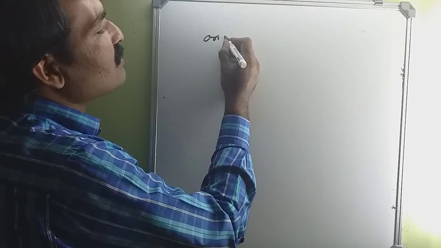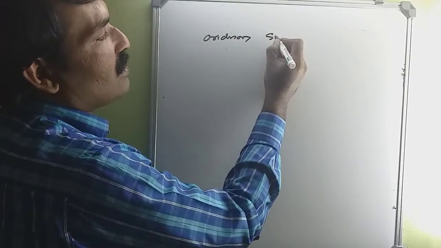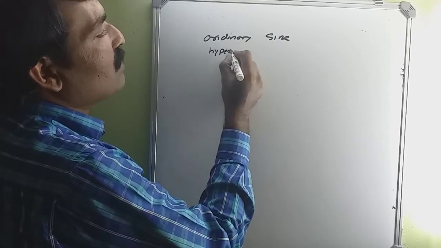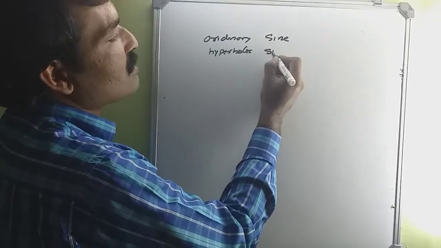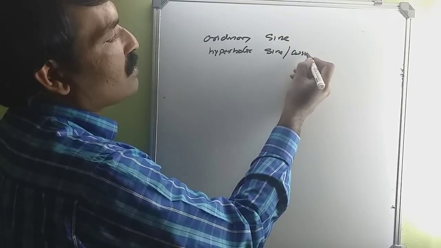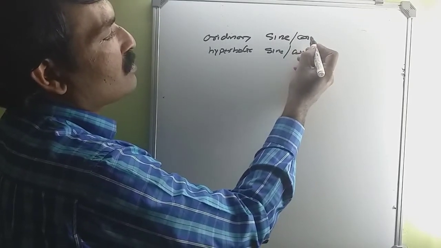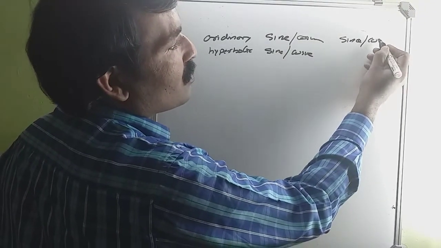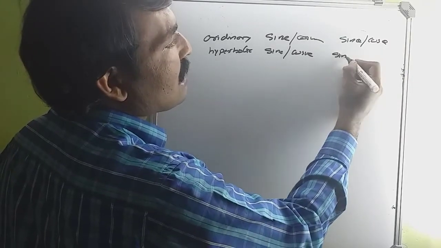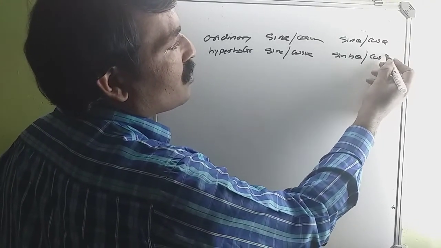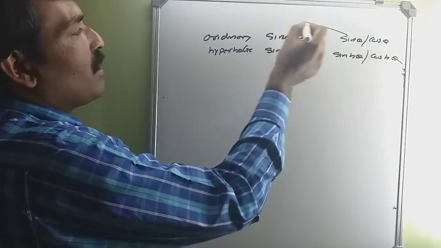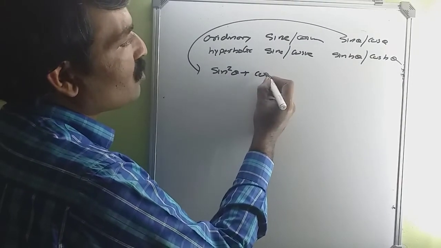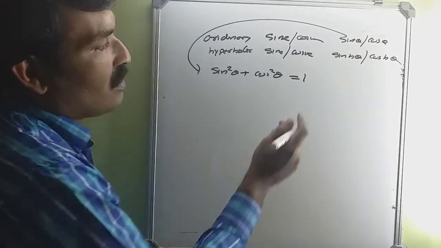This is ordinary sine or cosine, that is sine theta or cos theta, and here sinh theta or cosh theta. In ordinary trigonometry, sine square theta plus cos square theta is equal to 1.